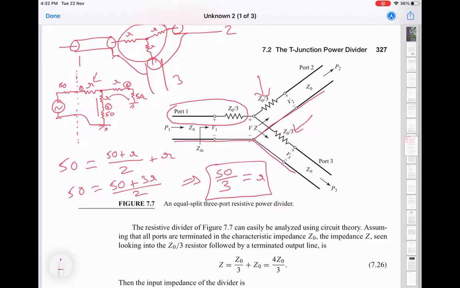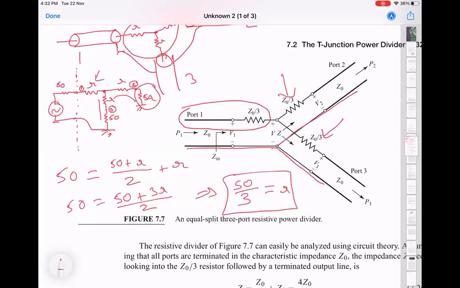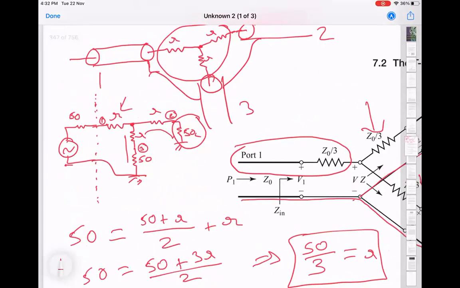So when you say that there might be something there, that something is this thing here. I've chosen that port to be terminated with 50 ohms. It doesn't matter if in reality it's a 50 ohm transmission line which is then terminated by 50 ohms, or as we discussed in many classes ago, it could be an infinite transmission line as well.